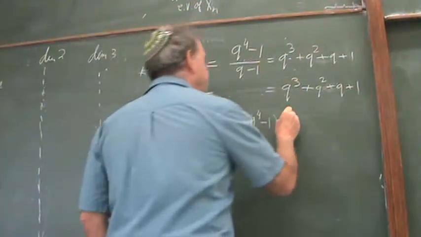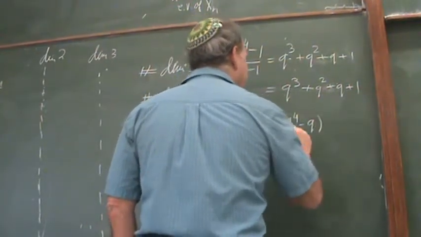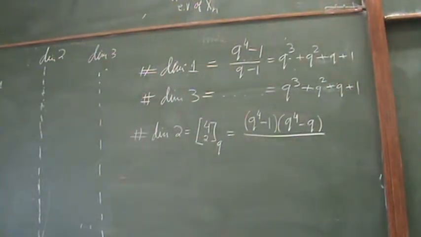Okay, so this is q to the 4 minus q. So this is the number of pairs which generate a two-dimensional space. But I do not want to count the number of pairs. I want to count the number of two-dimensional spaces. Which means that many pairs will give me the same space.